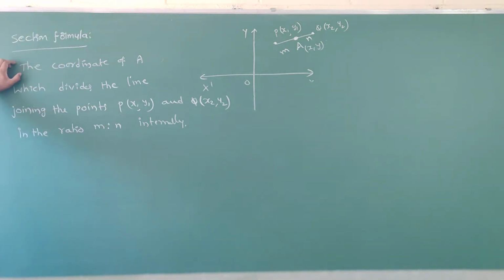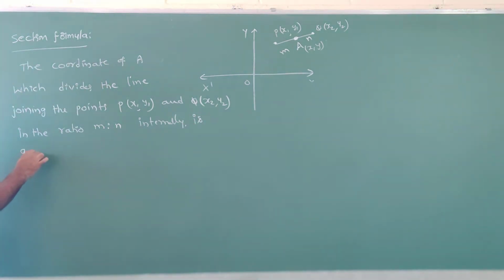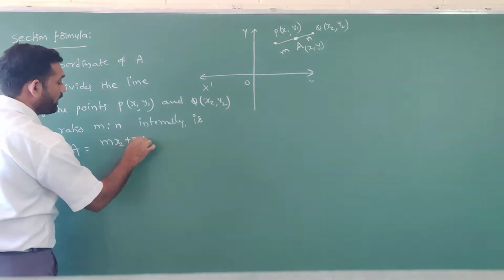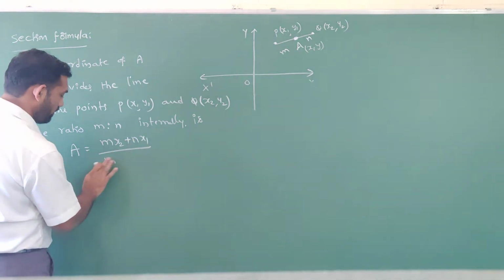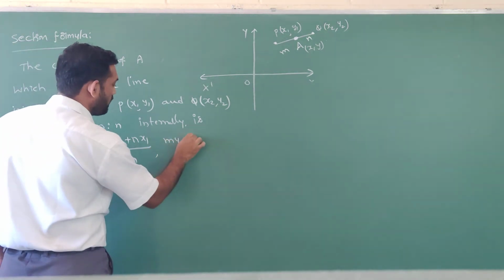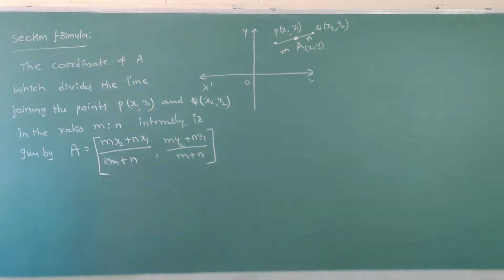So the coordinates of A which divides the line joining the points P (x1, y1) and Q (x2, y2) in the ratio m is to n internally is given by A equal to ((m x2 plus n x1) divided by (m plus n), (m y2 plus n y1) divided by (m plus n)). This is for internal division.